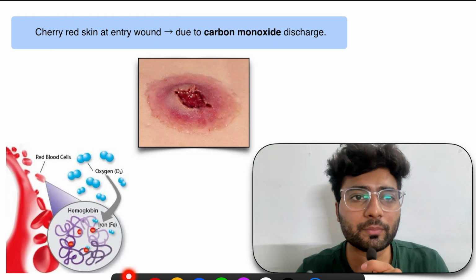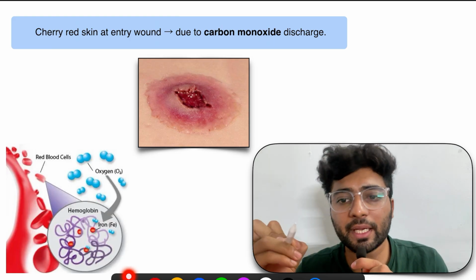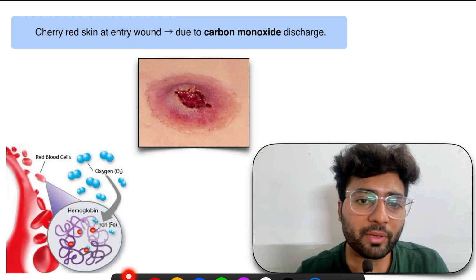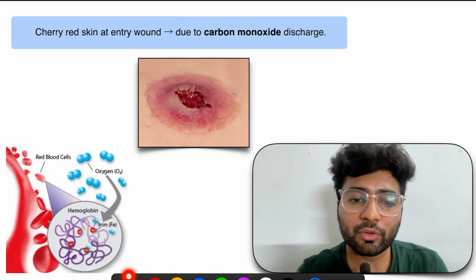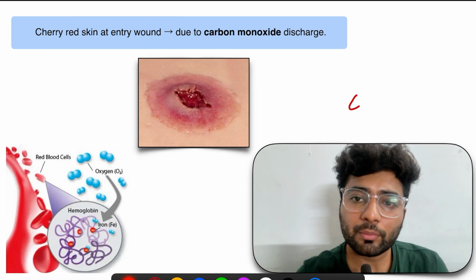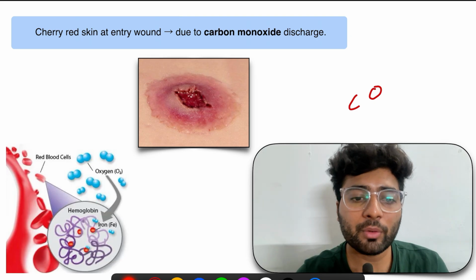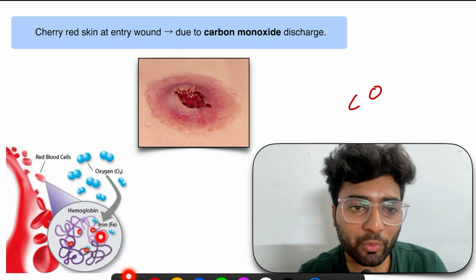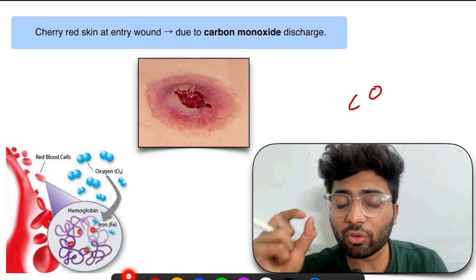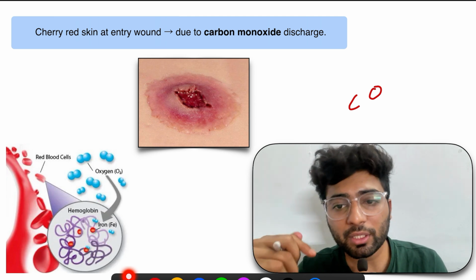Now, cherry red skin at the entry one. We know that whenever the bullet is fired, there is smoke, and the smoke has what? Carbon monoxide. Smoke has carbon monoxide. So when this smoke goes inside, we know carbon monoxide has a lot more affinity than oxygen for hemoglobin.